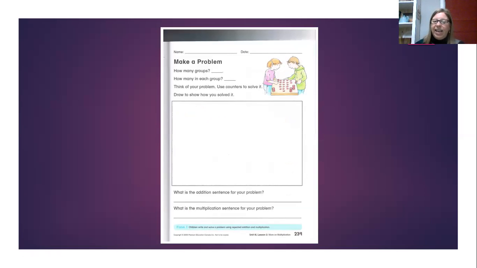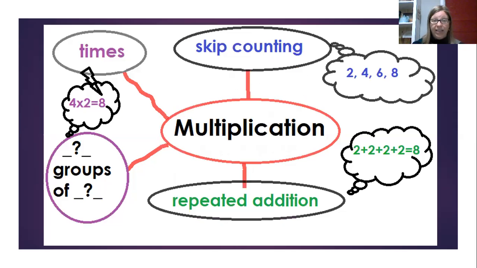And then finally, at the bottom, it says, what is the multiplication sentence for your problem? Okay, I'm going to go back to the other page again, and you will see this is where you need to do the X, or the symbol for multiplication. The first number is how many groups.